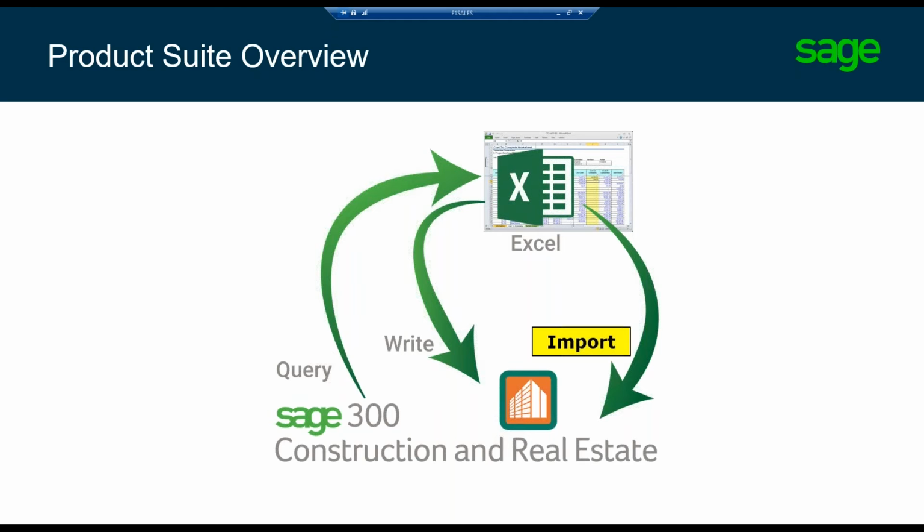So write and import are 2 means to get information from Excel back into Sage, so you don't have to handle information more than once. So in the case of that project cost forecast workbook there, if you solicited status information from the field, like cost to complete or percent complete or something like that, there are areas inside of Sage, if you're construction centric, that you would most likely want to put your cost to complete and those kinds of things into your job costs, so that it would back up your work in progress and help in cash flow forecasting and things like this.